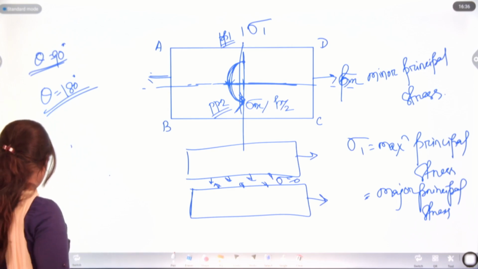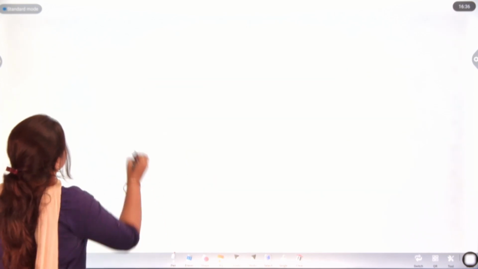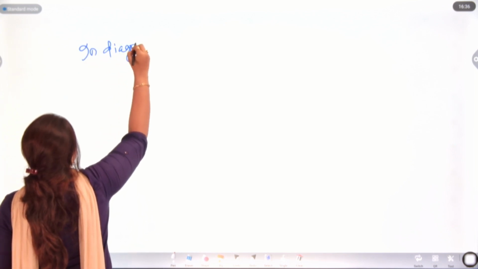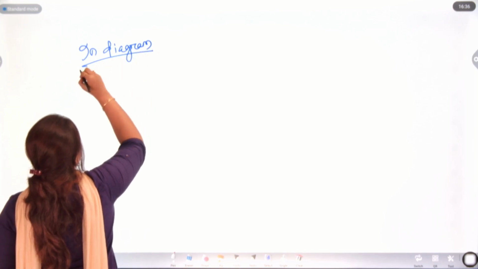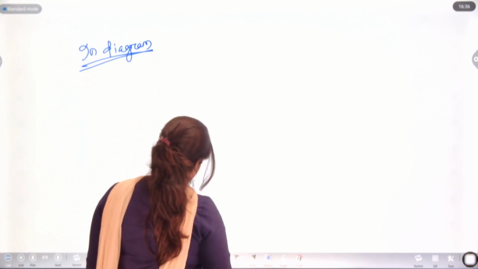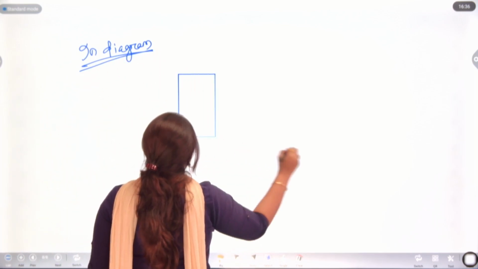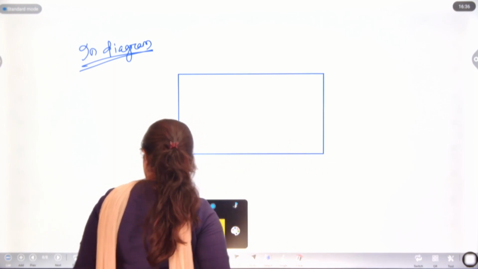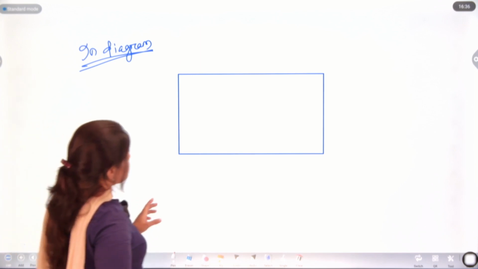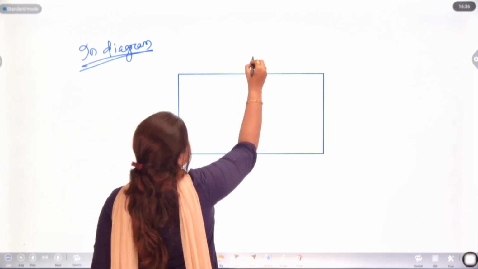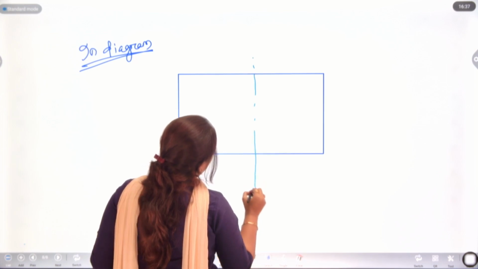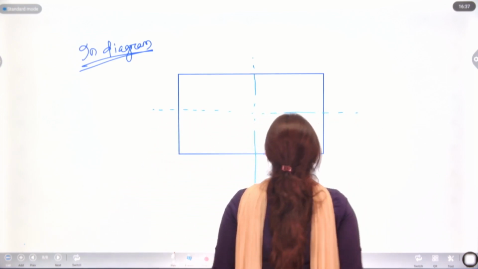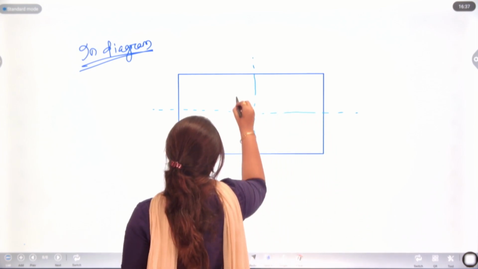In the diagram, if you see, here we have the object, our principal planes are present, one in vertical direction and another in horizontal direction.